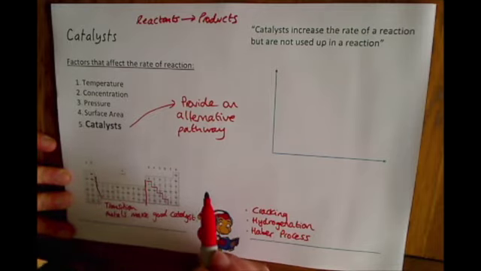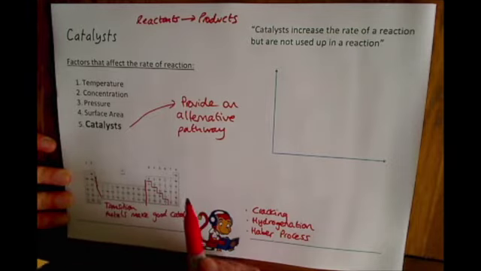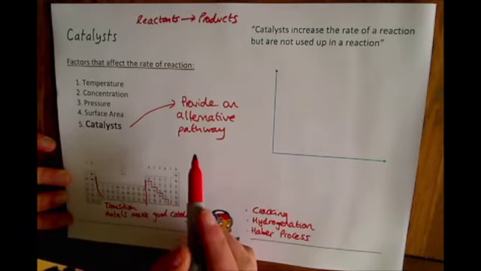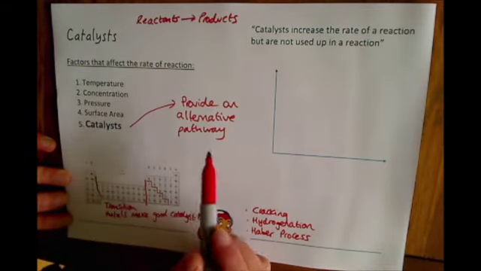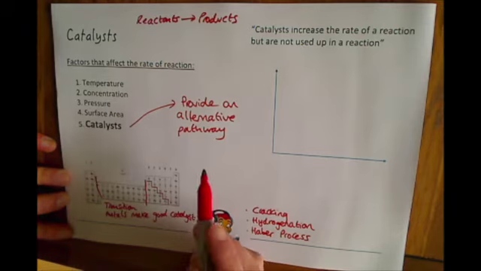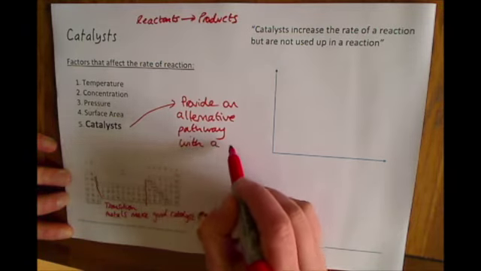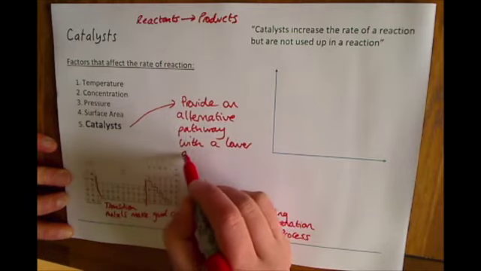So we said in a previous video that when the particles collide together that are reacting, for a reaction to happen they need to have a certain activation energy. And what the catalyst does is provide an alternative pathway with a lower activation energy.